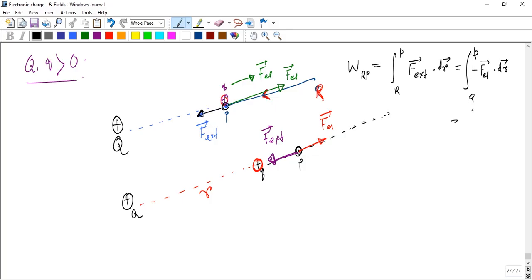Now if I change the integration to P to R, the electrostatic force is in the P to R direction, that is F electrostatic dot dr, and the direction will be changed.